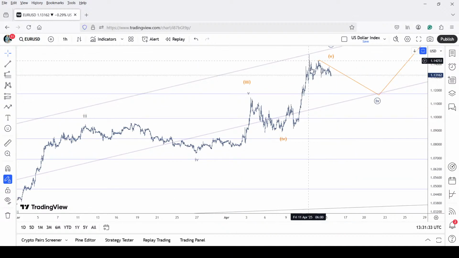That first drop was 3 waves, and then the rally was also 3 waves, so it's understandable. But now we should have a 5 wave decline. If it is wave 1, 2, 3, 4, and 5, that's the best thing to happen. That would complete a flat structure, 3, 3, and 5.